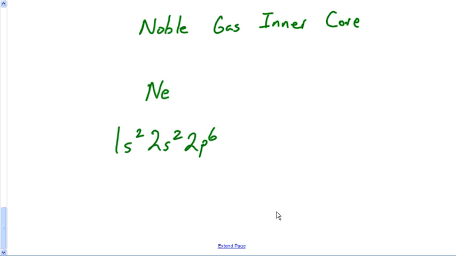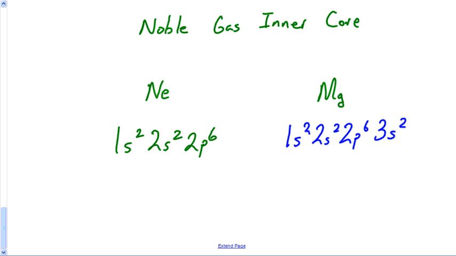So what somebody else might do then is come back to magnesium. You might see somebody do this with magnesium. Magnesium is 1s2, 2s2, 2p6, 3s2. If you notice, it's very similar.